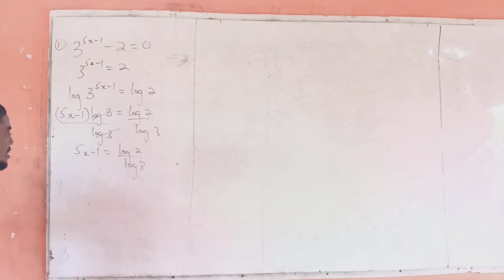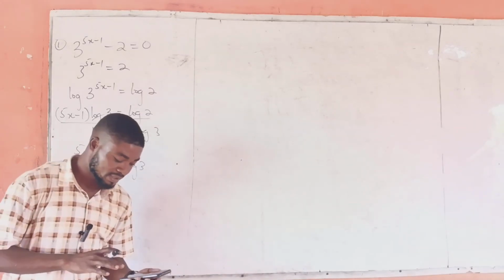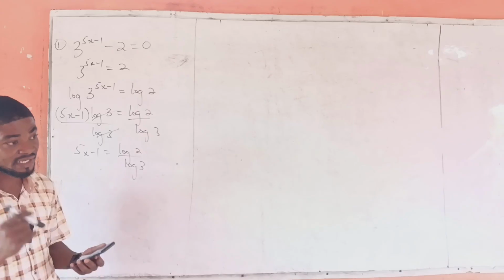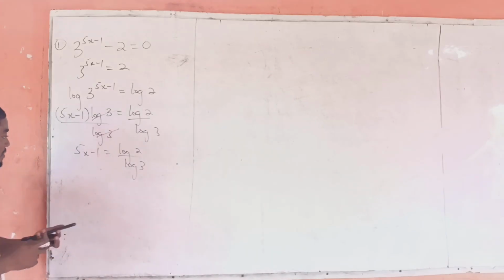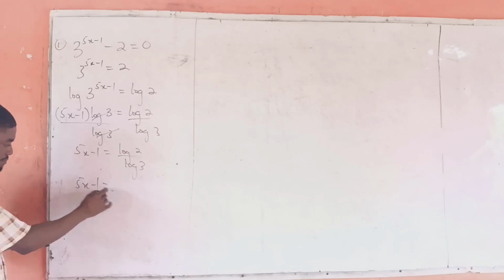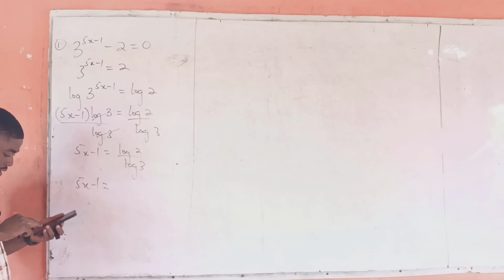And then log 2 on log 3, we can basically use the calculator since we are doing elective maths and core mathematics at SHS level. So using the calculator, I punch the normal log 2 on the normal log 3.